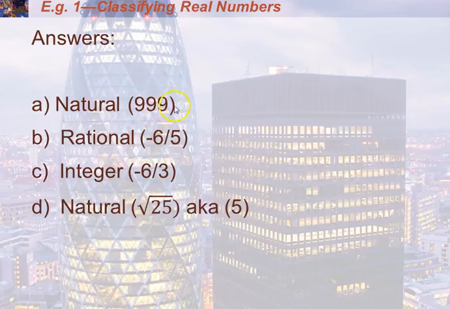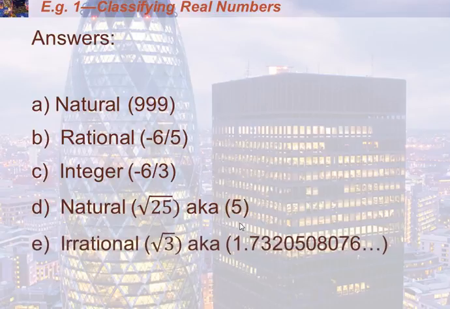So these two are in the same group. They're both natural numbers. Okay, irrational. If you do square root of 3, it's going to give you a decimal number that goes on forever. It doesn't terminate, and it also doesn't repeat itself. They don't follow any pattern. They're just random as to what the next number will be.